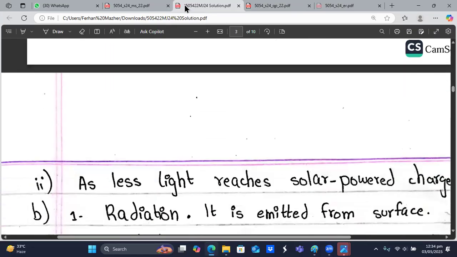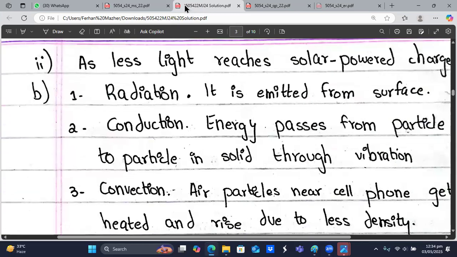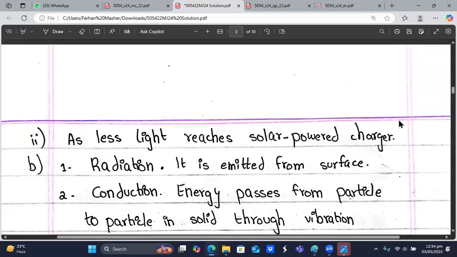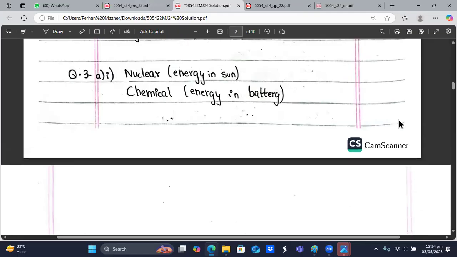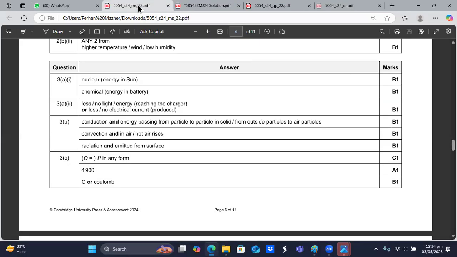Okay, he says less light. She wrote, as less light reaches the solar powered charger. So you can write that less amount of light, no light, no electric current produced.